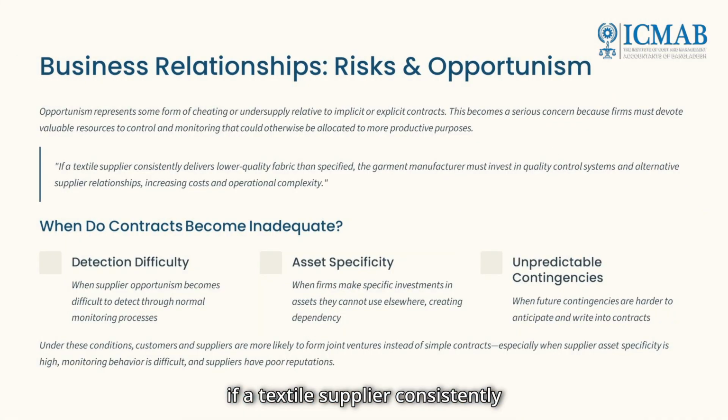For example, if a textile supplier consistently delivers lower quality fabric than specified, the garment manufacturer must invest in quality control systems and alternative supply relationships, increasing costs and complexity.